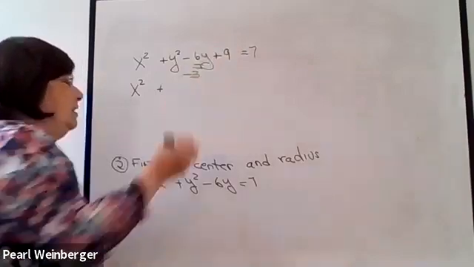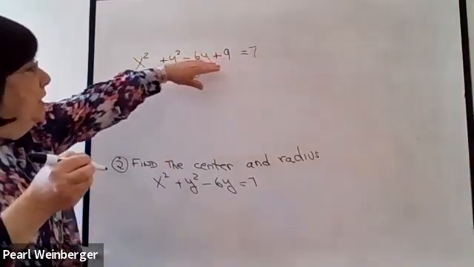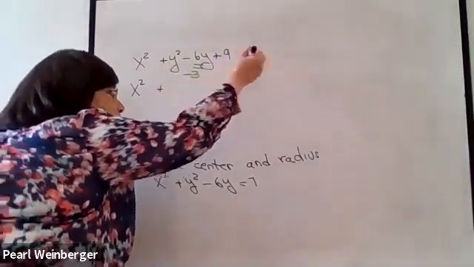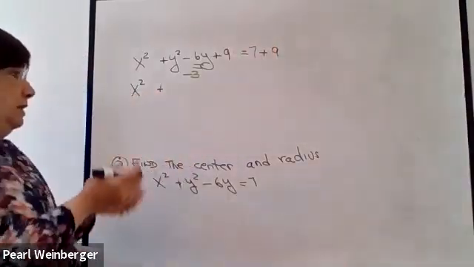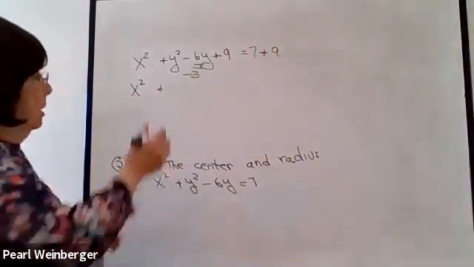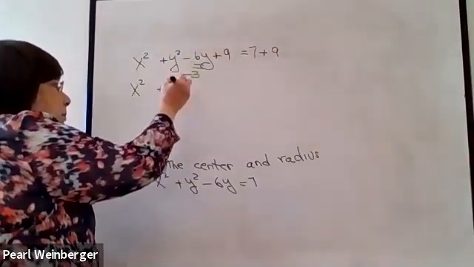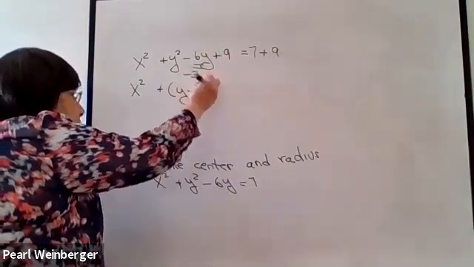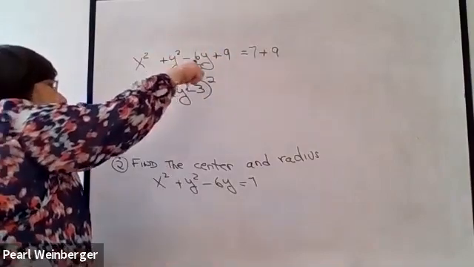I have to add 9 to the y squared minus 6y to make that a perfect square. Since I added 9 over here, I'm going to have to add 9 on the other side to maintain my balance. So this y squared minus 6y plus 9 can be written as y minus 3 squared. We made this into a perfect square binomial.